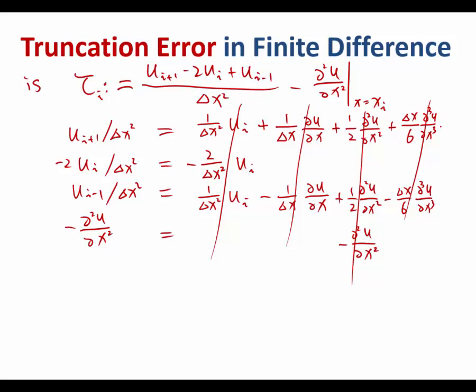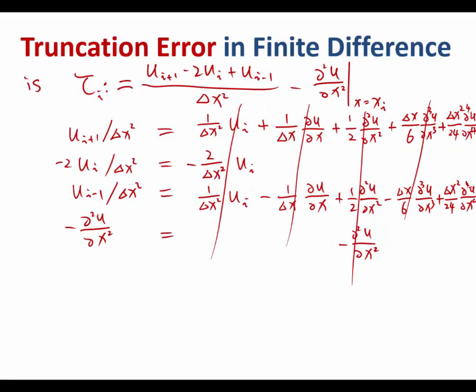And finally, we get to the term that doesn't cancel. Delta x squared over 4 factorial, which is 24, times the fourth derivative of u with respect to x. And because it's an even term, I have both pluses.